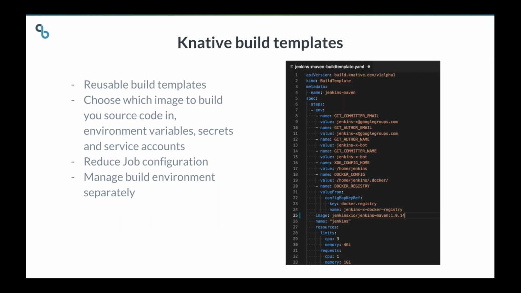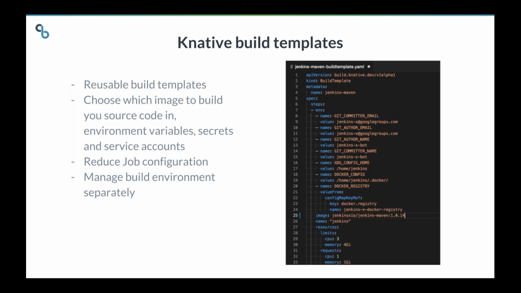A couple more things. There's something called a Knative Build Template. For anybody that's used Jenkins on Kubernetes, they've probably used the Kubernetes plugin. It helps orchestrate builds on Kubernetes, and you define a pod template. This is a similar kind of concept. On the right-hand side, there's an example of a bit of YAML, and this is a Kubernetes resource. This is a build template. This is a custom resource. In here it describes what image to run for our build.